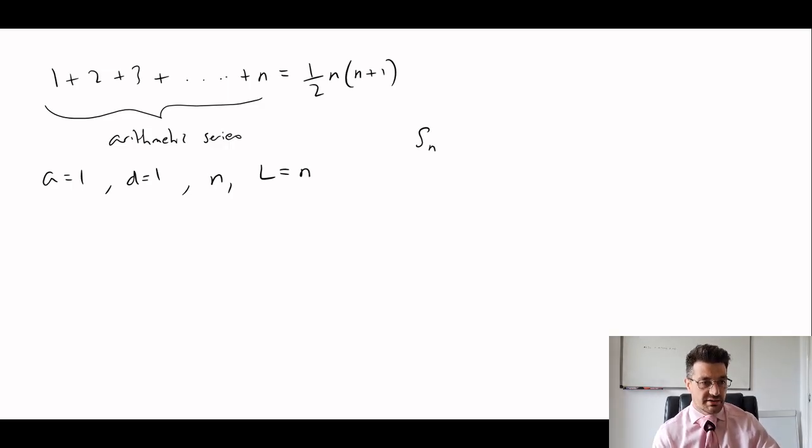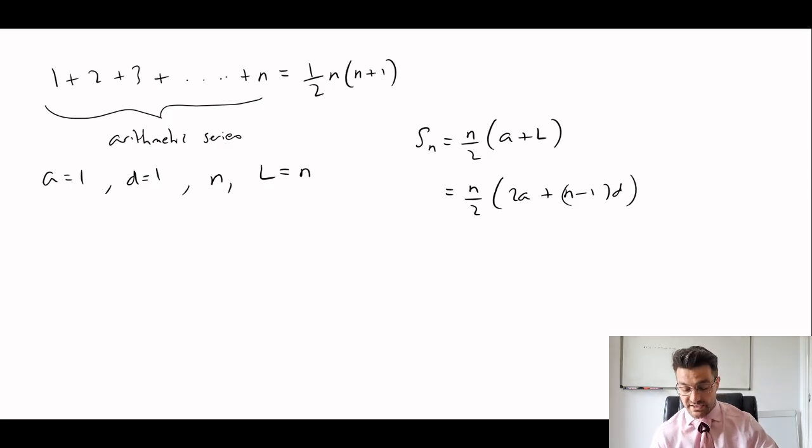You've got Sn equals n over 2 times (a plus l), or you've got n over 2 times (2a plus (n minus 1)d). Whichever you prefer to use, it really doesn't make any difference as long as you're clear about what you've done. That's the important thing. Just always be clear about what you've done, what your working out is.